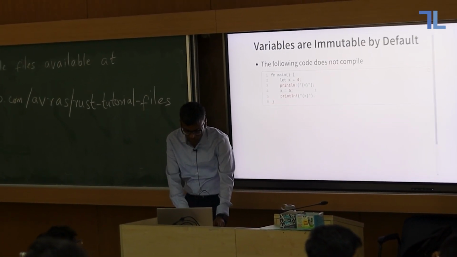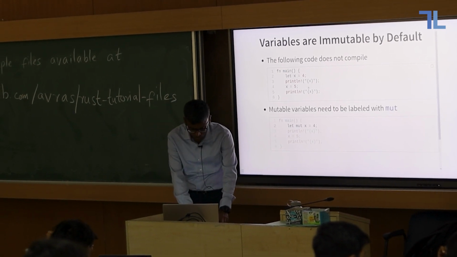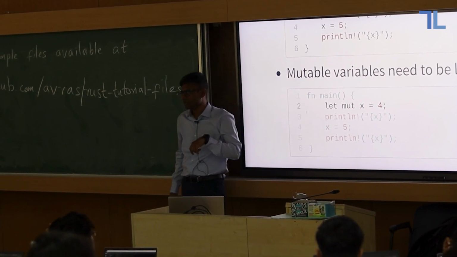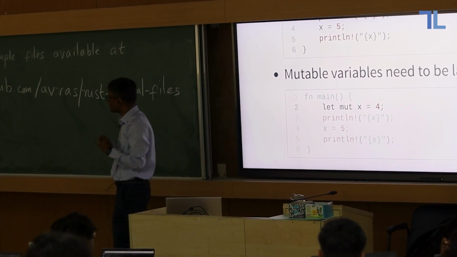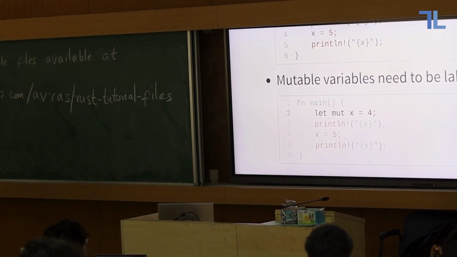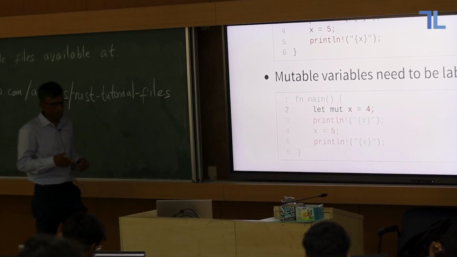But then how do we define mutable variables? It's not very difficult. You just put the mut keyword in front of the variable name, and then you are explicitly telling the compiler that I'm going to change the value of this variable, so please allow me to change the value later.